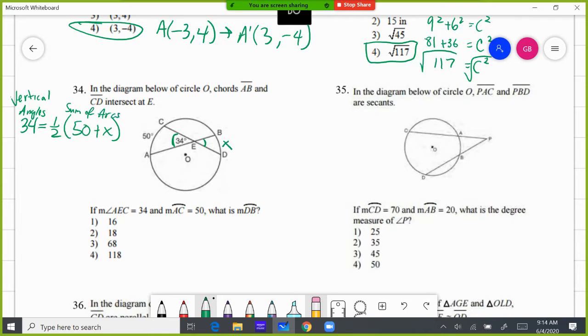Okay, so now that I set up the equation, you can solve for x. The opposite of 1/2 is multiplying by 2. So it turns this into 68. It's equal to 50 plus x. And then subtract 50 on both sides. x is 18.